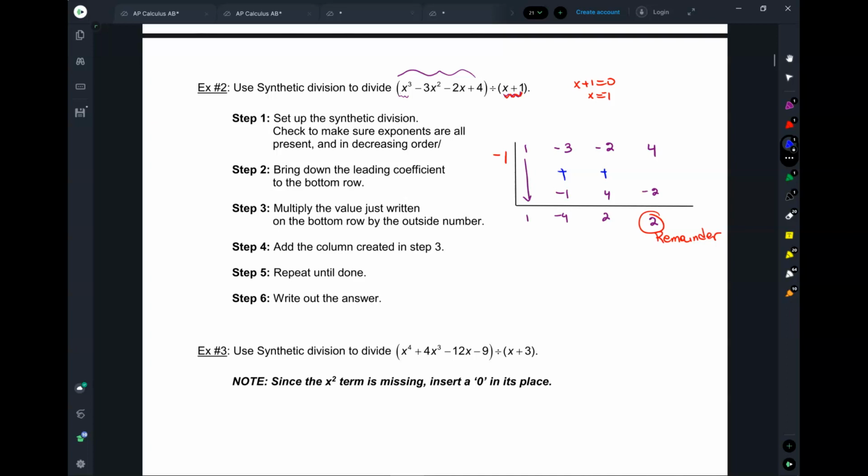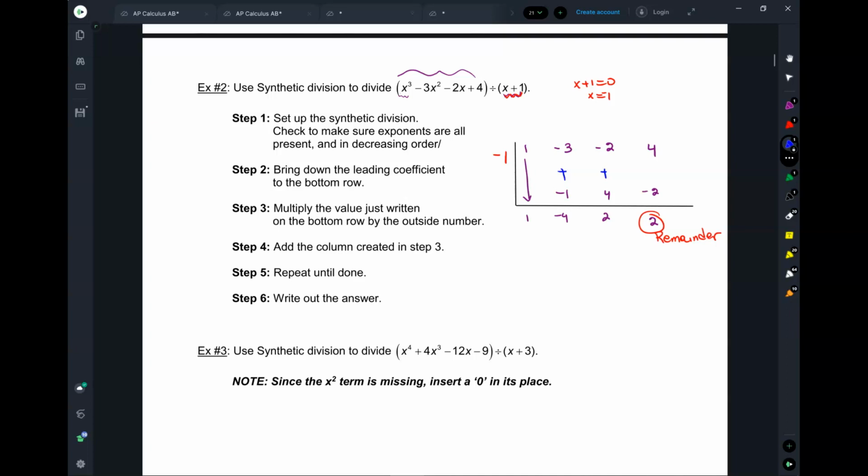When you do synthetic division, the exponent gets reduced by 1. So instead of x cubed, now it's x squared. And these happen to be the coefficients of the new function. So now the new function is going to start with x squared. So look up here, it's going to be this 1x squared minus 4x plus 2.